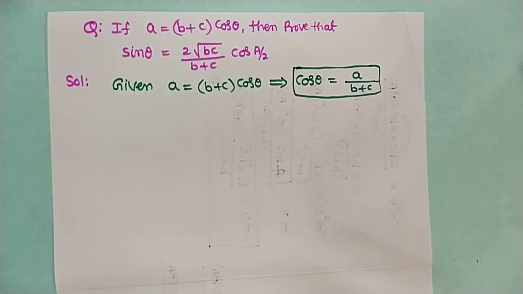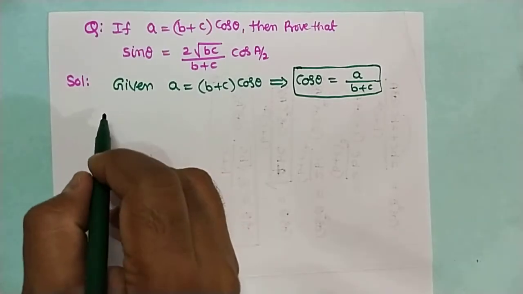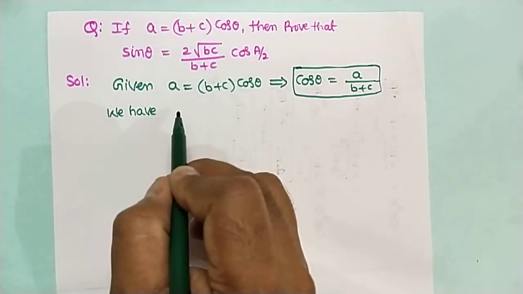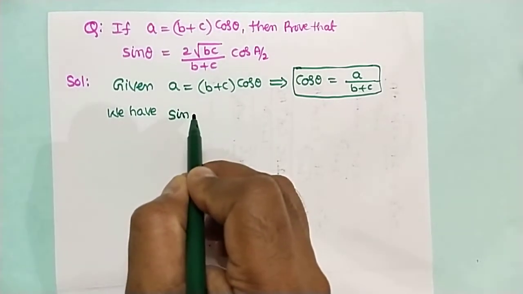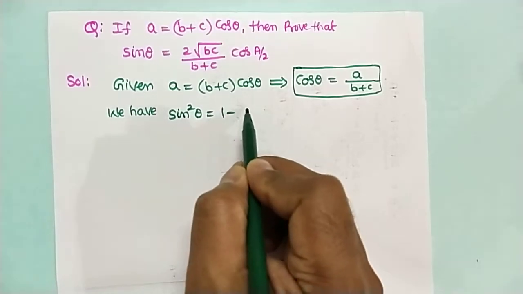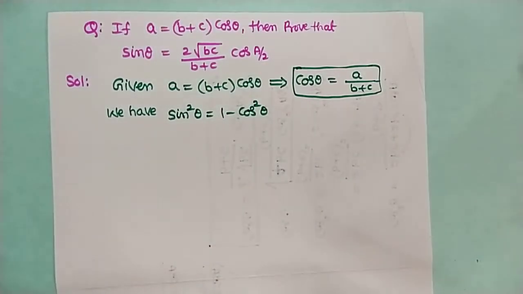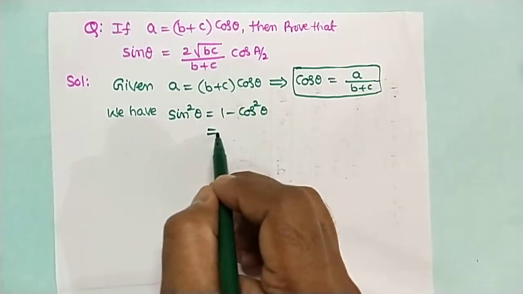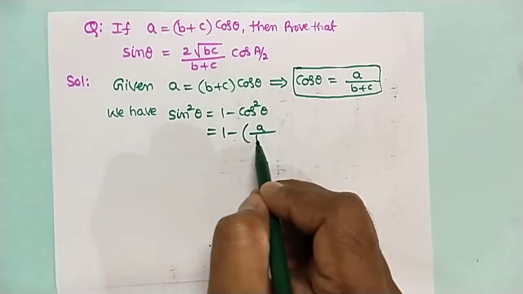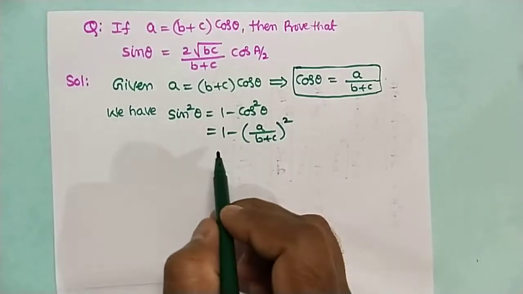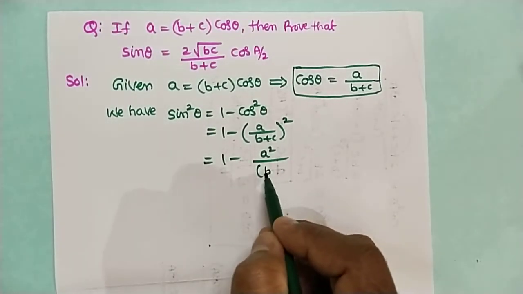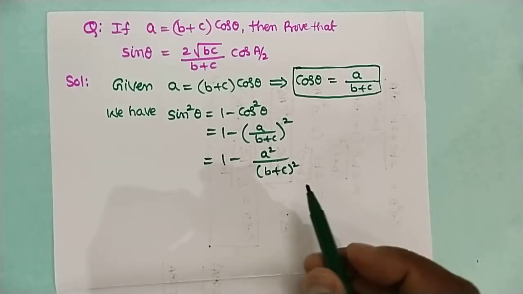After getting the value of cos theta, they are asking for sin theta. We know that sin square theta equal to 1 minus cos square theta. So in place of cos theta, substitute this value: 1 minus a by b plus c whole square, which is equal to 1 minus a square by b plus c whole square.